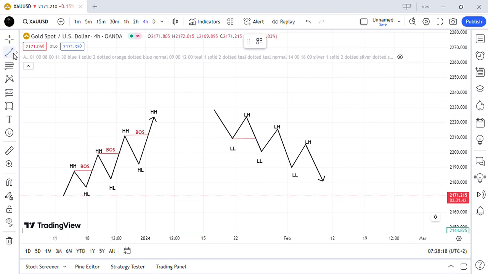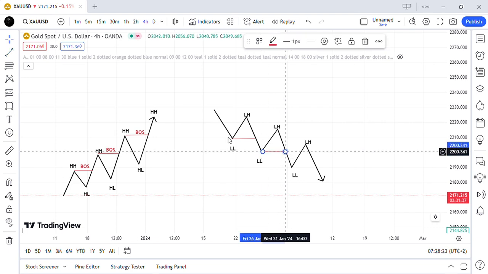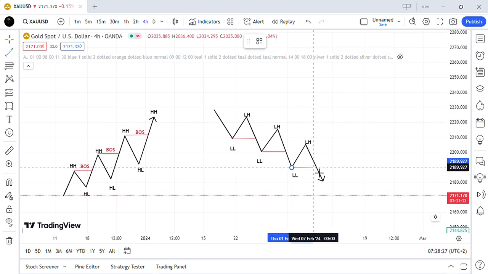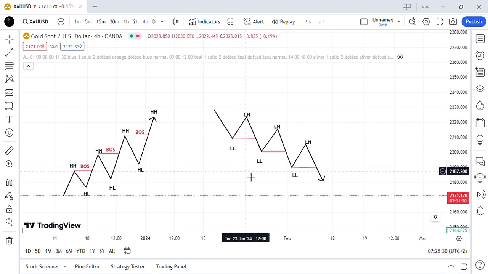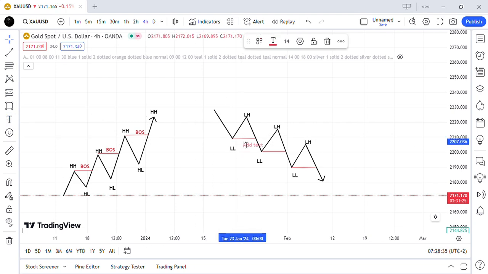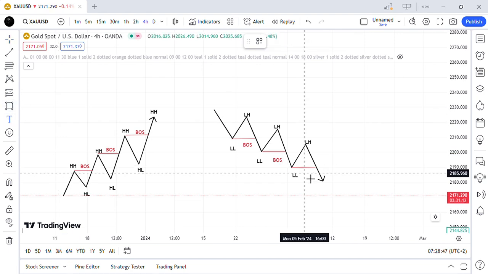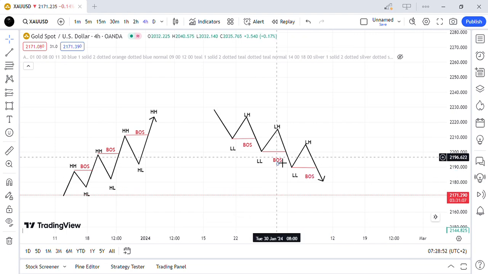Break of structure, break of structure, break of structure. Like that, guys.